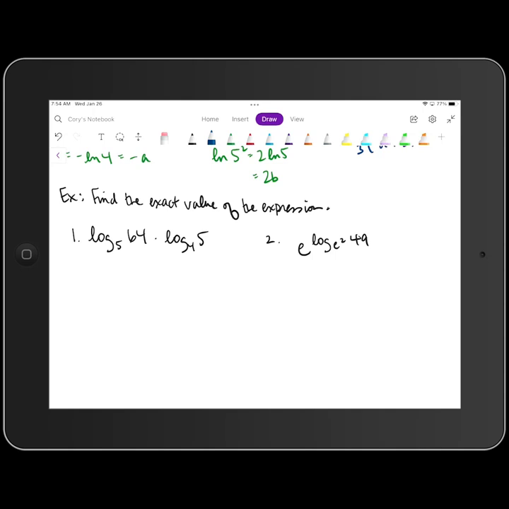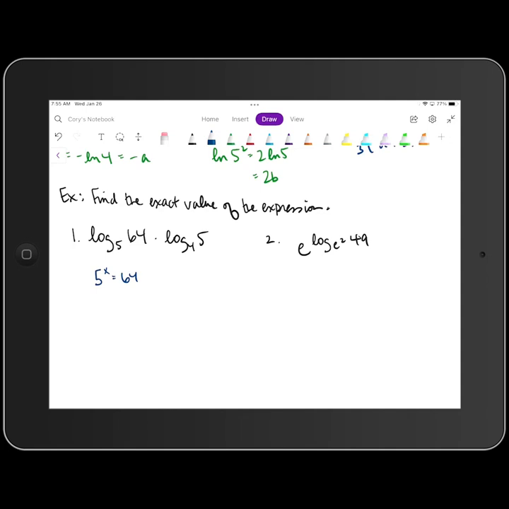So hopefully you can look at both of these log expressions here and be able to get an approximate value for each one, but also realize, hey, I can't determine the exact value of either of these two expressions. When we look at the log base 5 of 64, if we're trying to get a numeric value for that, we would think to ourselves, 5 raised to what power is 64?